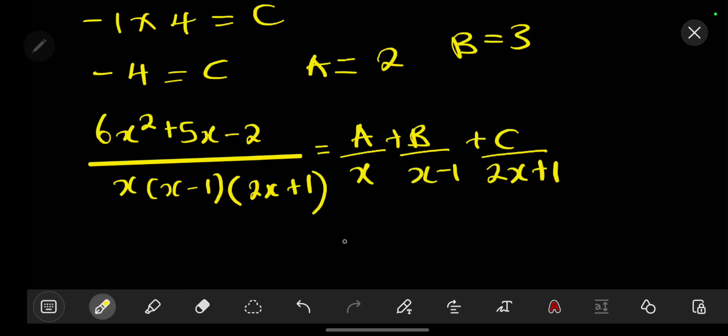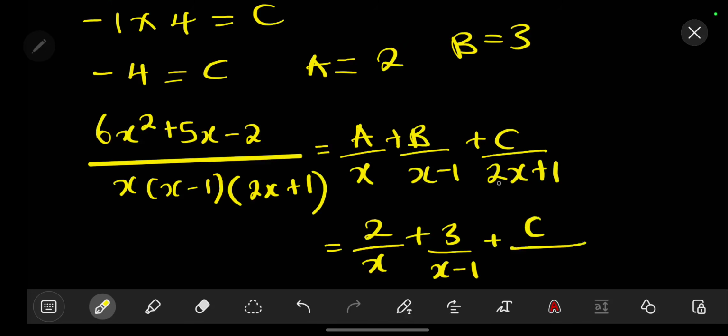All we have to do now is substitute. So our a value is equal to 2, we have over x, plus our b value is 3 over our x minus 1, then we have plus our c over, so our c is equal to negative 4, meaning to say here it should be negative 4 over our last denominator, which is our 2x plus 1 for that one.